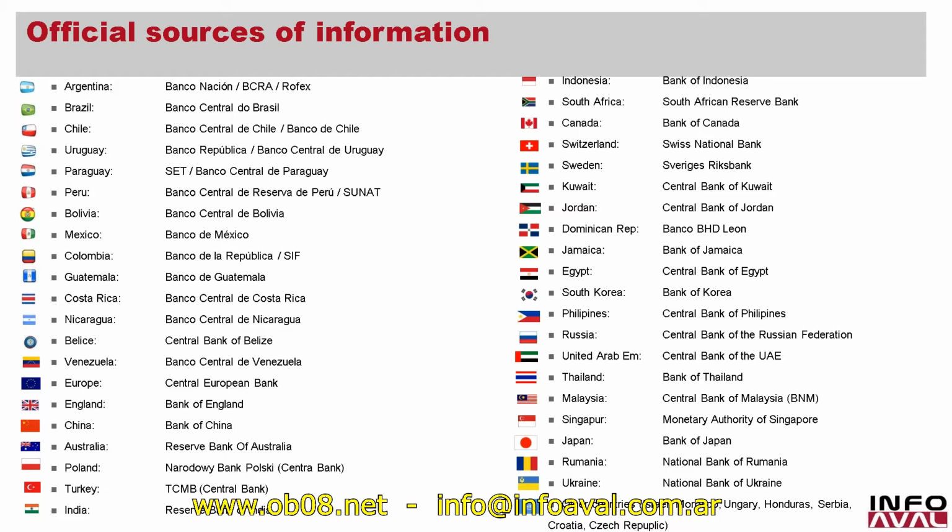So you can see for the different countries that we have the banks developed, from which we obtain all the exchange rates during the whole day. We are also developing other banks at this time, but these are the banks for these countries that we have already developed.